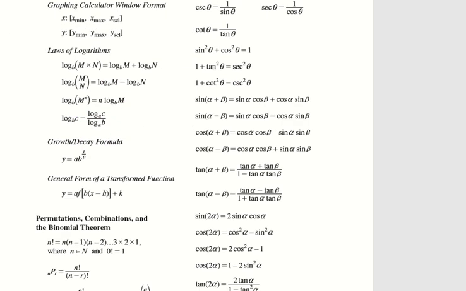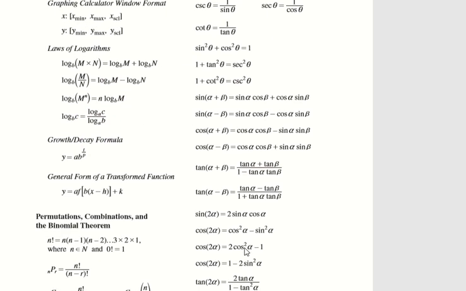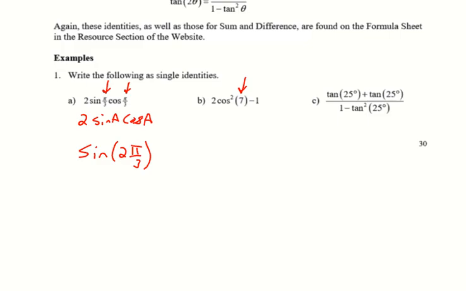That's going to be cos 2 of the angle. So this will just be cos of 2 times the angle of 7. So this is cos of 14 radians, right?